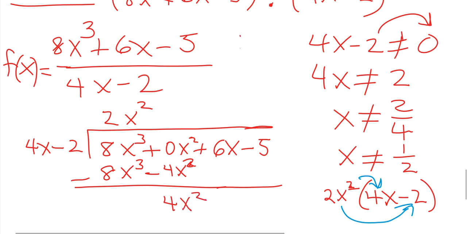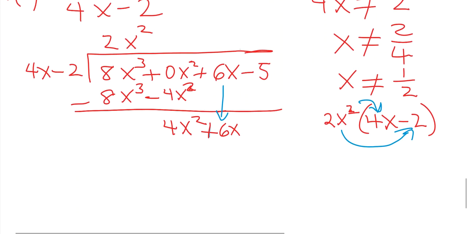Now I say, well, how many times? Oh, then we bring down the 6x. Almost forgot. Bring down the 6x. So we go plus 6x. Now, next step, I ask myself, how many times does 4x go into 4x squared? Well, 4x times x is 4x squared, therefore it goes in x times.